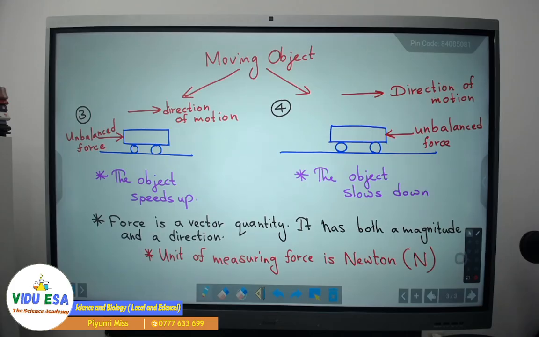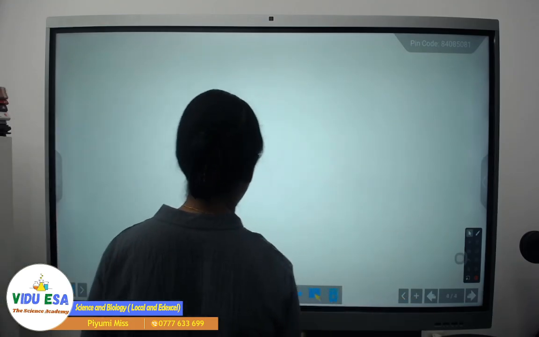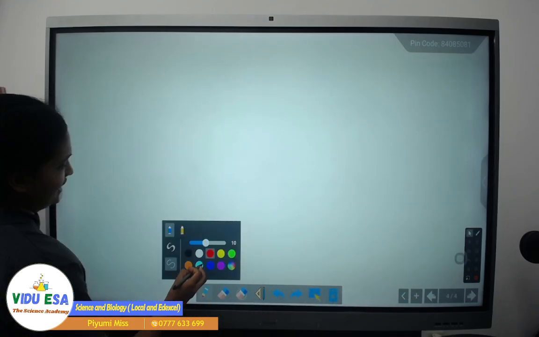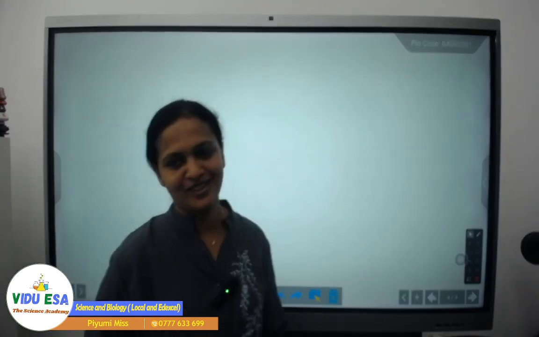Okay, then I will move on to the next page, right? Newton's first law of motion. You should be able to say these from memory now.